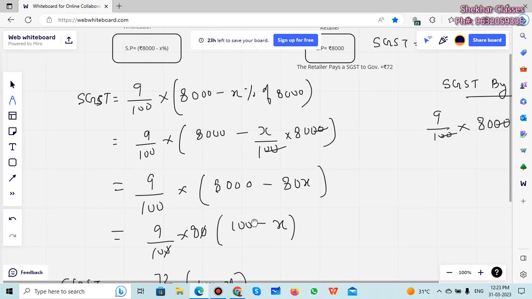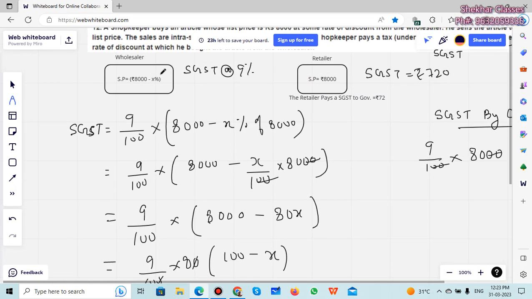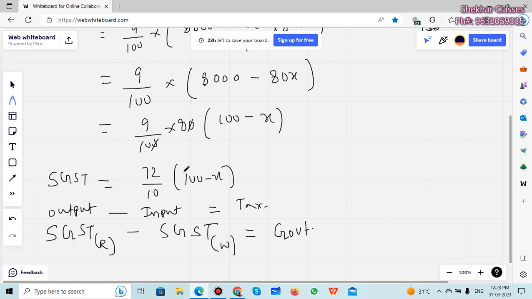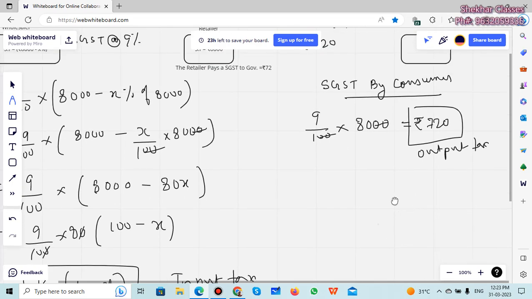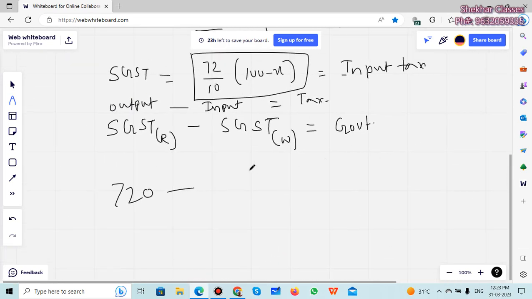Whatever he paid to the wholesaler, which we have just calculated: 72 upon 10 into 100 minus x.